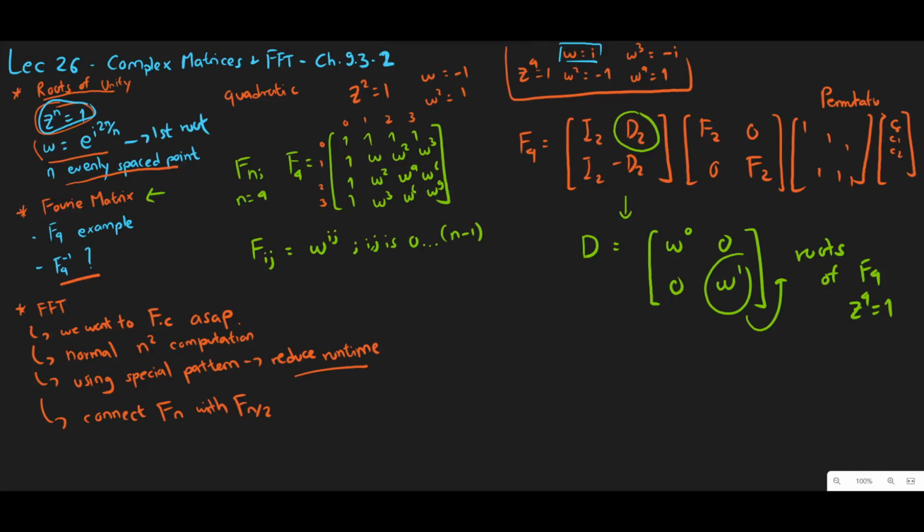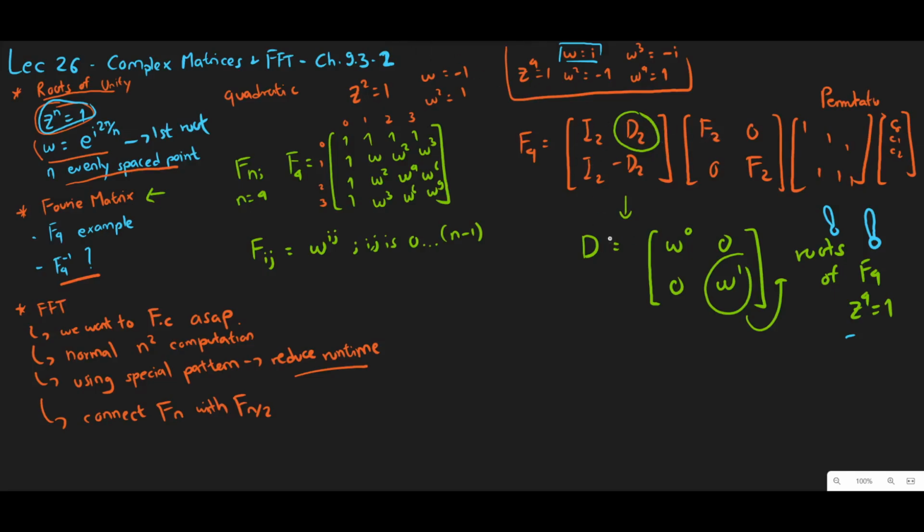This is coming from z^4 equals 1. Be careful. I will put a really big exclamation mark there, because this is not coming from F2. I also got mistaken, because this is 2, and I thought it was coming from F2, but it's not.